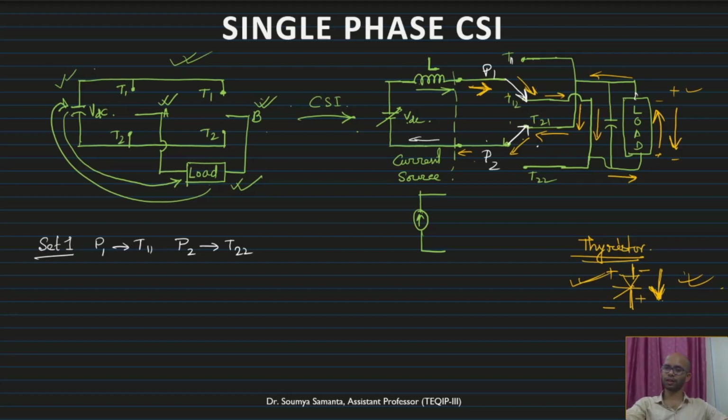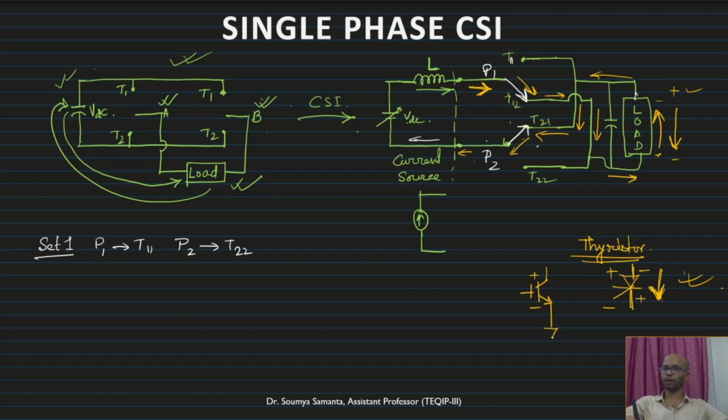What other switch can we get? Suppose, if we don't put the gate, it can block this polarity.